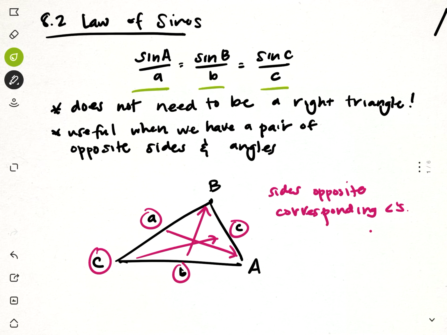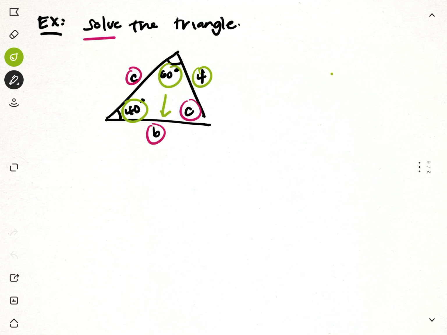So we're going to start by looking at this pair of sides and angles, and fill in sine 40 over 4. That's the opposite side that matches up with the angle.